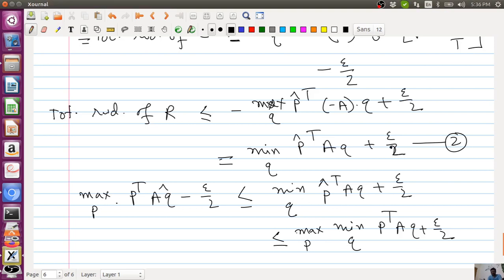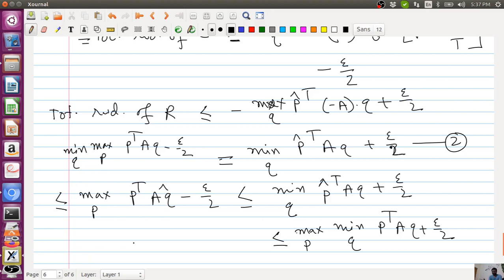And similarly, this quantity is at least min over Q, max over P of P transpose A Q minus epsilon over 2. If Q hat does not minimize this expression, then taking the Q that minimizes this expression only reduces it.